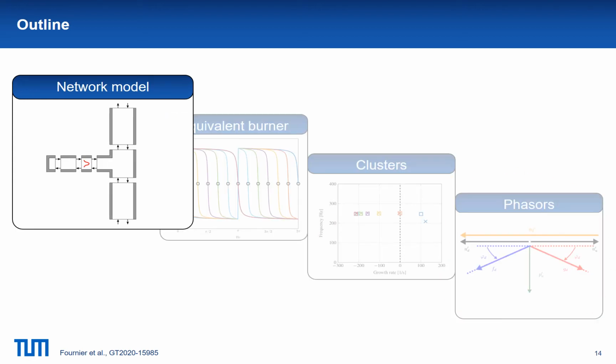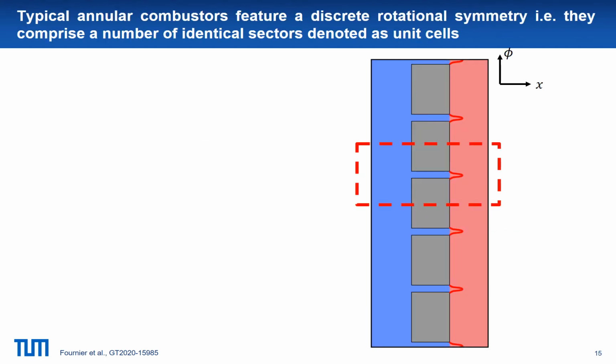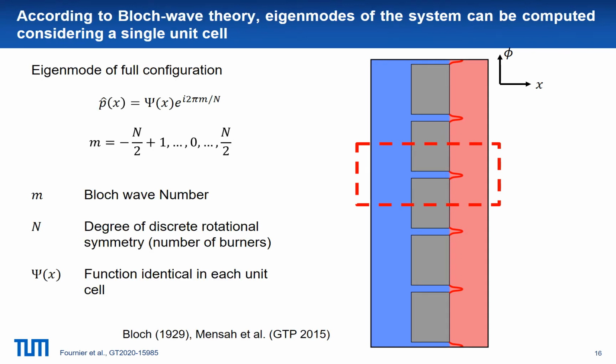So let's start with the network modeling. We consider a typical annular combustor with its plenum, burner tubes, and chamber. Such a combustor exhibits a discrete rotational symmetry, which means that we have a number of identical sectors that we call unit cells. According to Bloch wave theory, the eigenmodes of the system can be computed by considering a single unit cell.